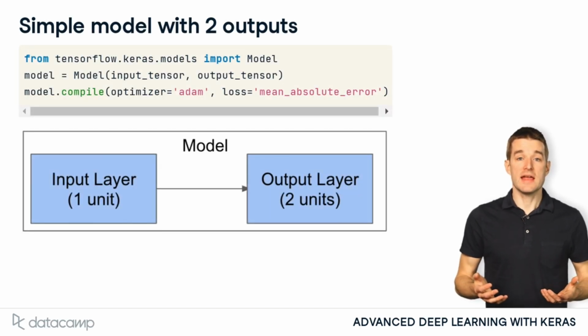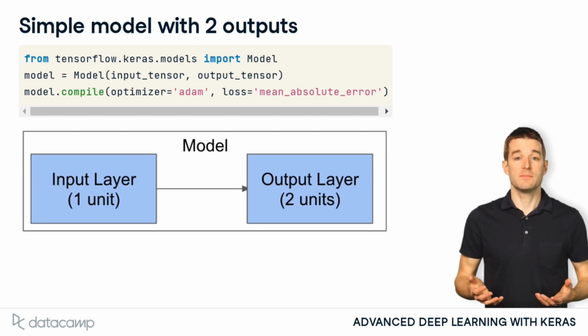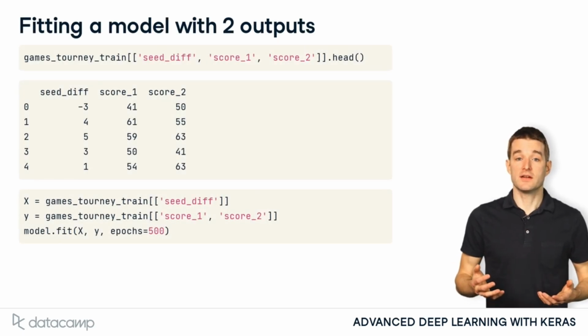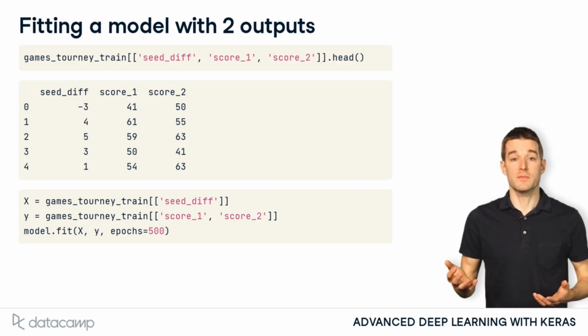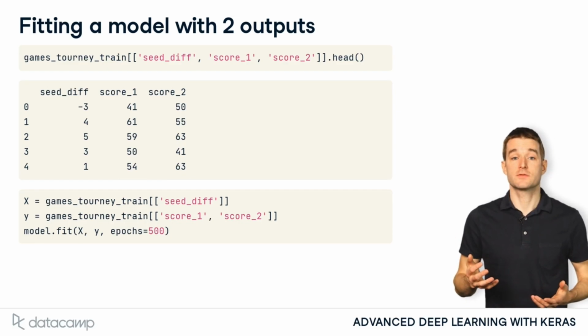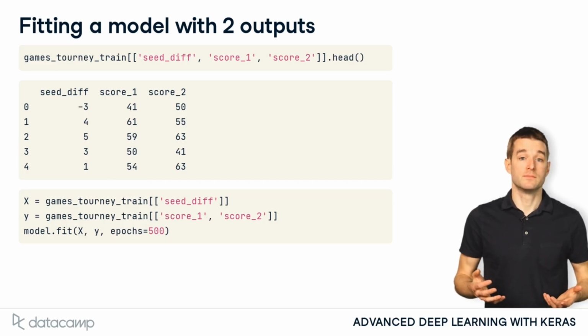The API for creating a 2-output model and compiling it is exactly the same as for a single output model. Wrap the input and output tensors in your call to model, and then compile it using the Adam optimizer and mean absolute error. To fit a model with 2 outputs, you use a dataset with 2 columns for the y variable. In this case, the training set has the seed difference for the 2 teams, as well as the team's scores for the game.